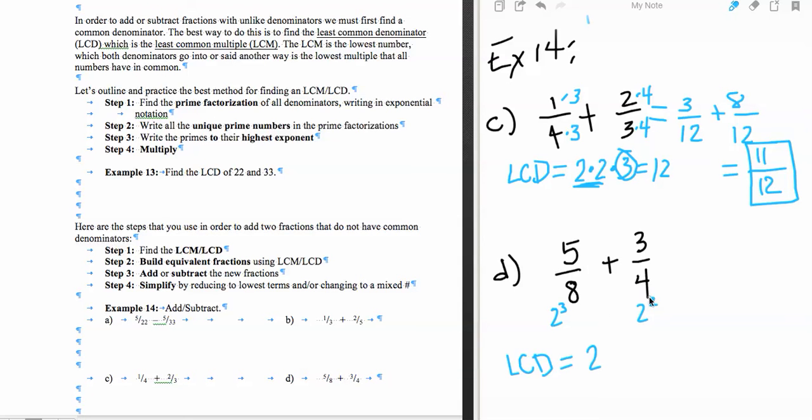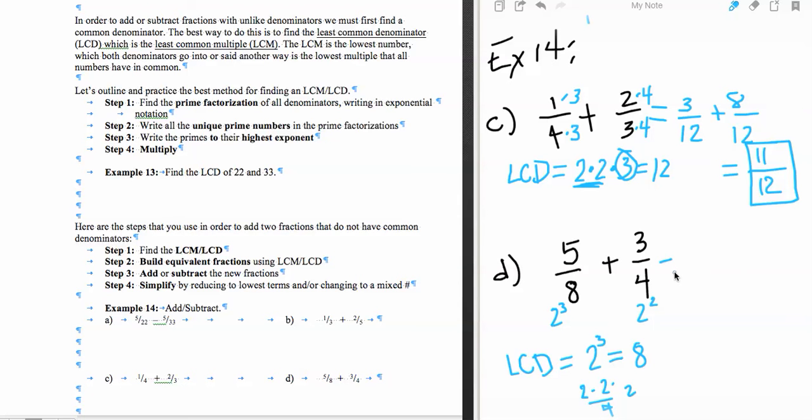We have 3 versus 2, and the highest exponent is 3. So 2 cubed is our LCD. 2 cubed means, of course, 2 times 2 times 2, and that is going to give us 8. 2 times 2, which is equal to 4, and 4 times 2, which is equal to 8.